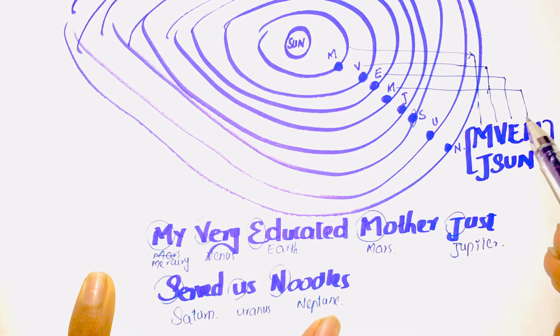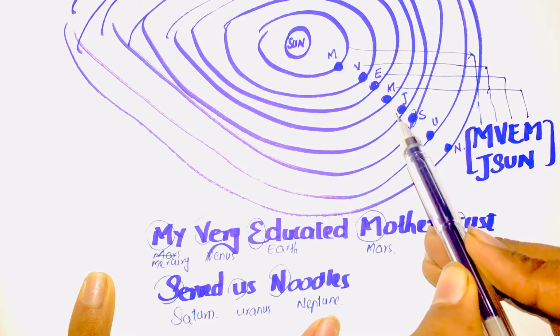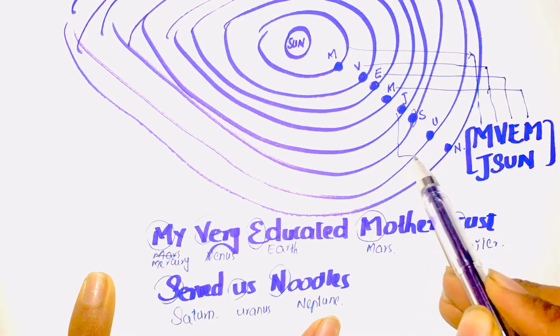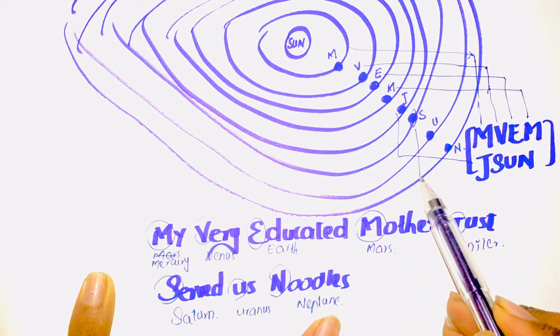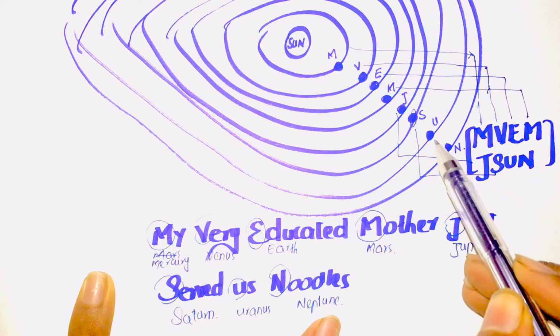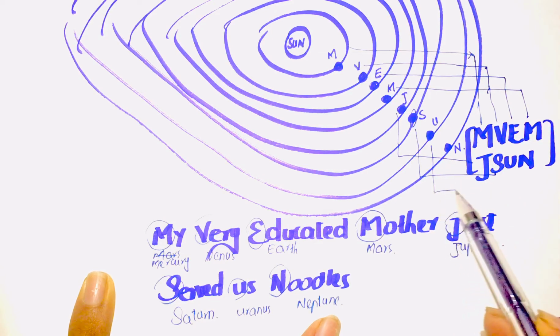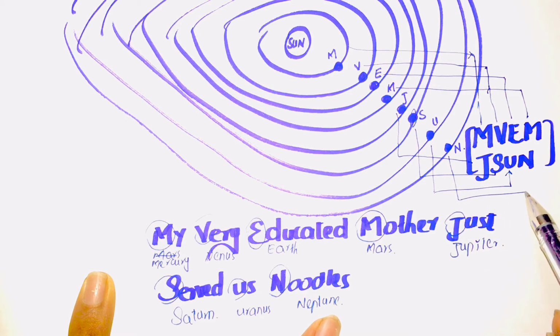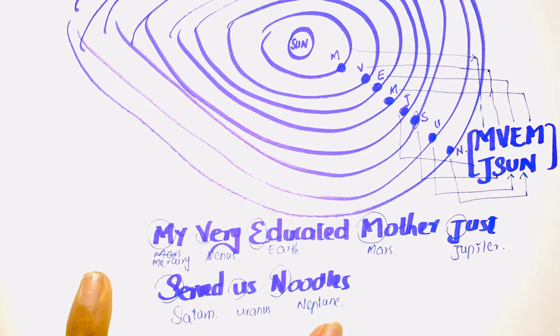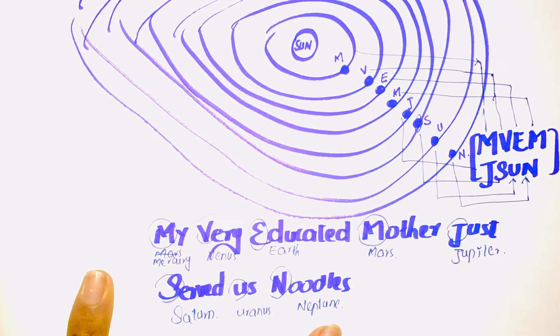M is for Mars. J is for Jupiter. S is for Saturn. U is for Uranus. N is for Neptune. So this is the easy way to remember.